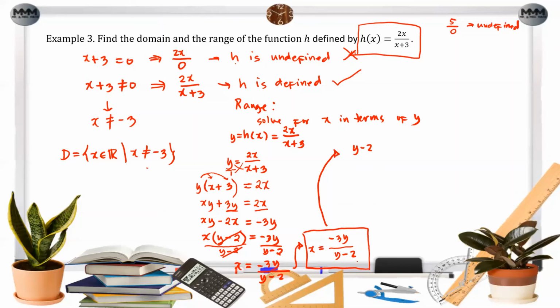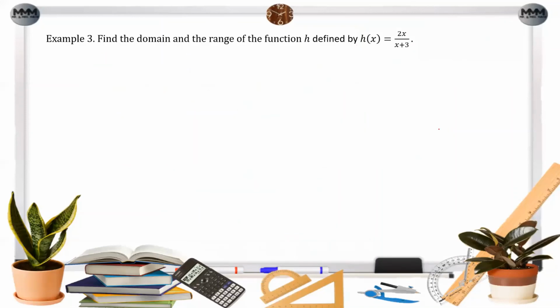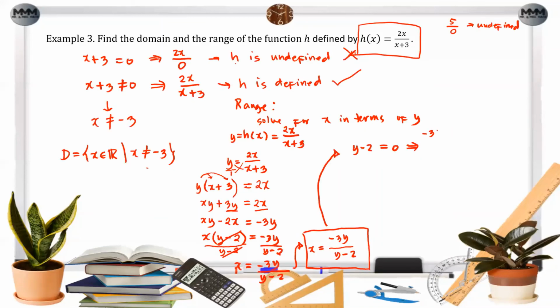When the denominator is 0, our function is undefined. So when y minus 2 is equal to 0, we have negative 3y over 0, and we know that this is undefined.